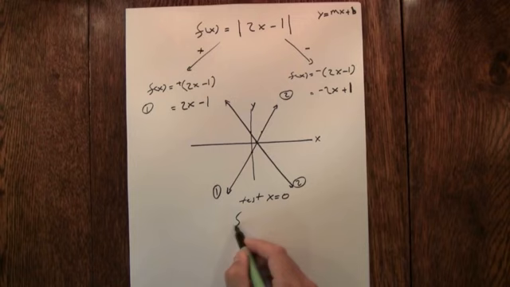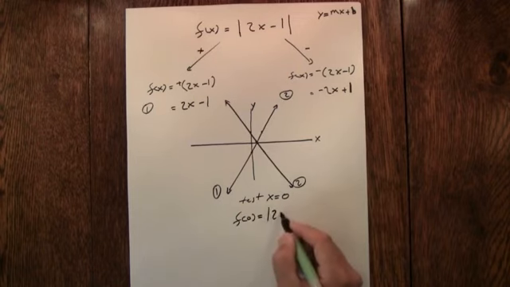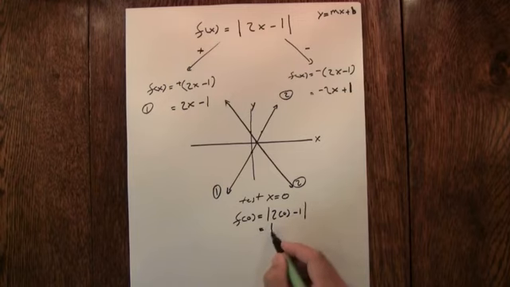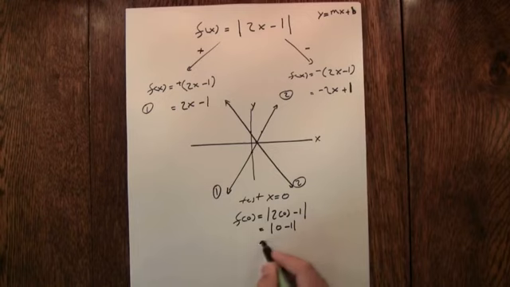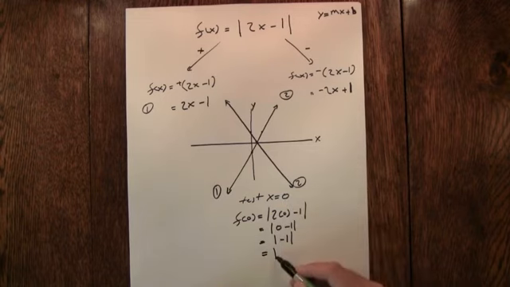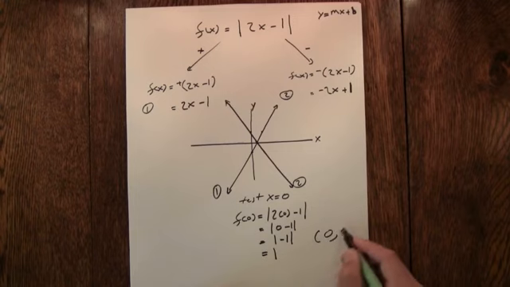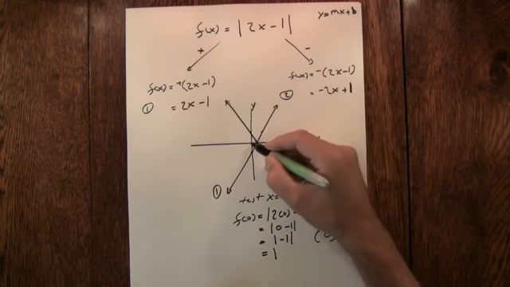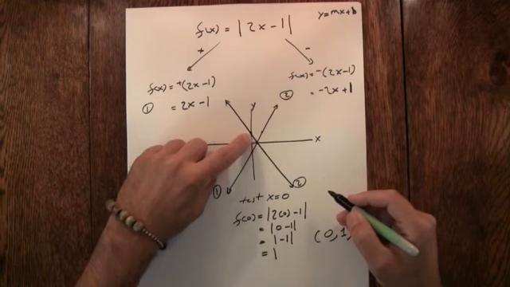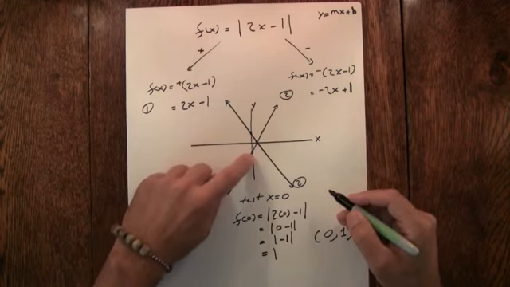We're going to find f of 0. f of 0 is going to be 2 times 0 minus 1, which is 0 minus 1, and this is going to be the absolute value of negative 1, which is just 1. So when x is 0, y is 1. So we know this point is on the graph. That means this point is not.